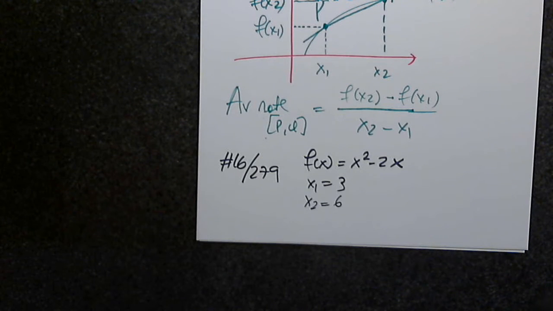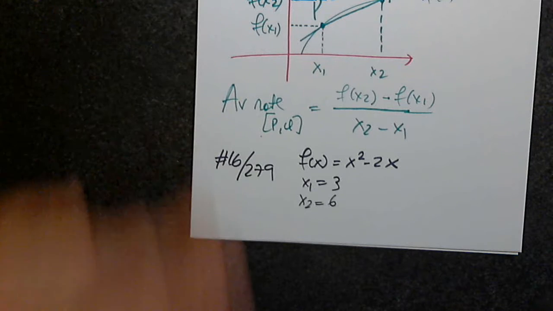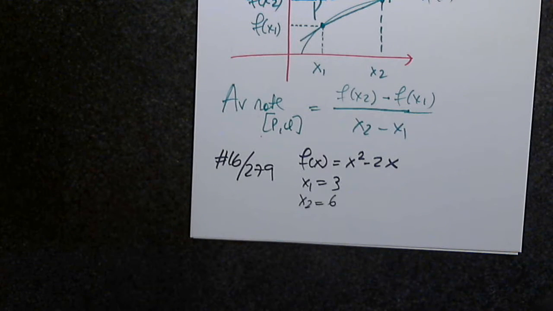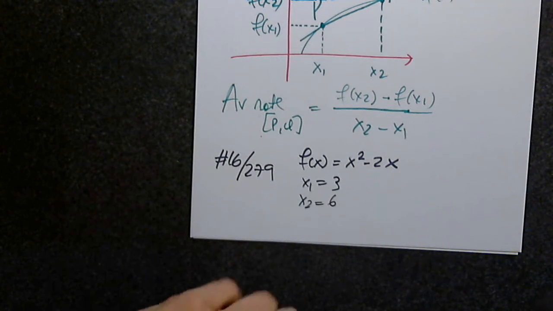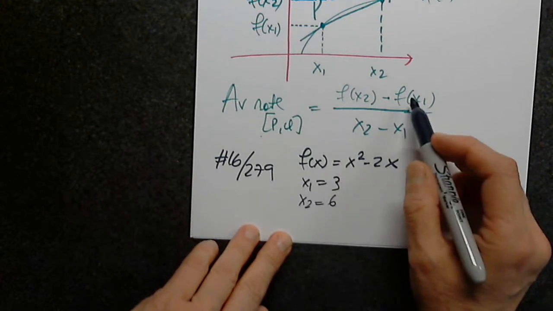We are told to find the average rate of change of this function between points P and Q, where x1 is 3 and x2 is 6. What do I need to find before I determine the average rate of change? The slope. The slope is the average rate of change.